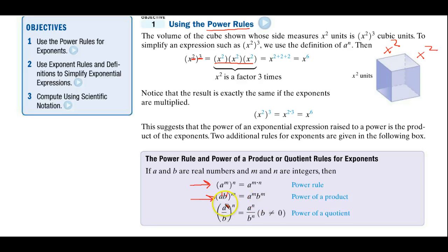And if we have a parenthesis with a fraction in it, that n applies to each of the numerator and denominator. And we are recalling that b cannot be a 0, because we can't have that rule for 0.